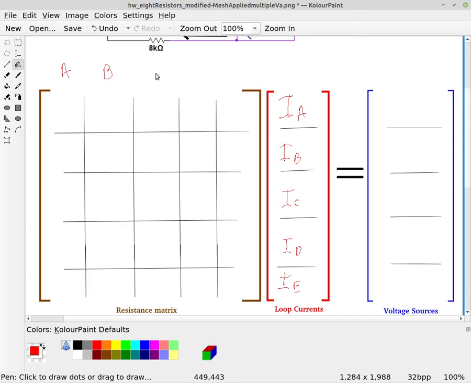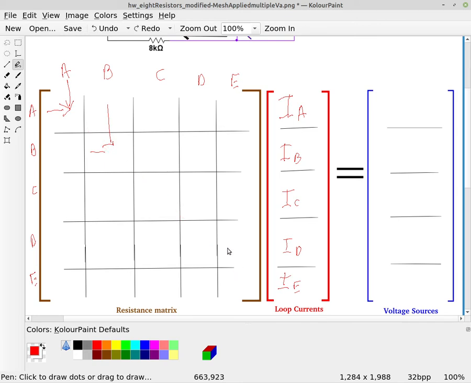We have 5 by 5, so we have A, B, C, D, and E. And then down the side, again, we have A, B, C, D, and E. So what you're looking at is when you look down and you have an A and an A, or a B and a B, or a C and a C, row and column, a D and a D, an E and an E. This is the diagonal, and these are always going to be positive values.